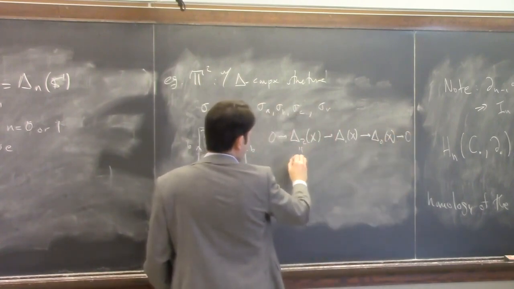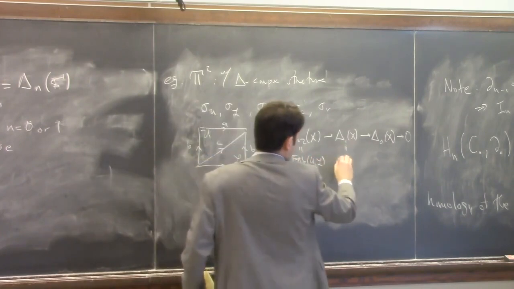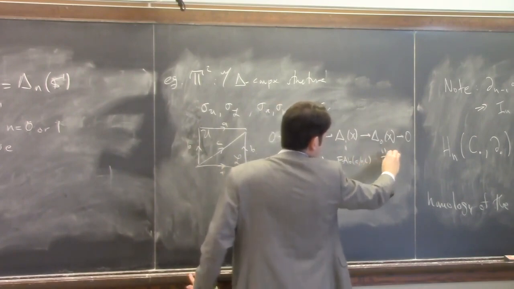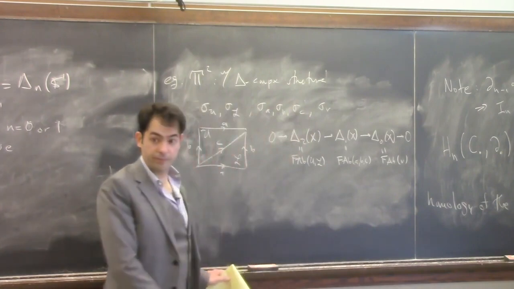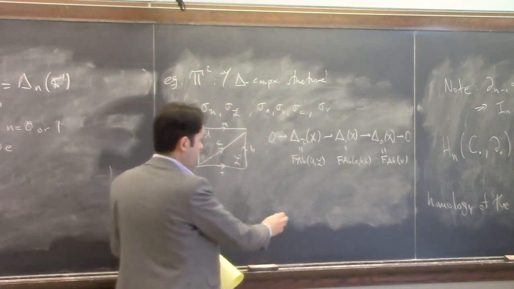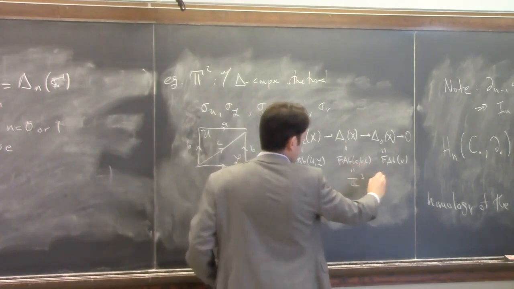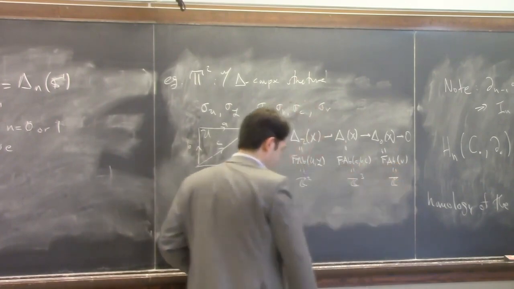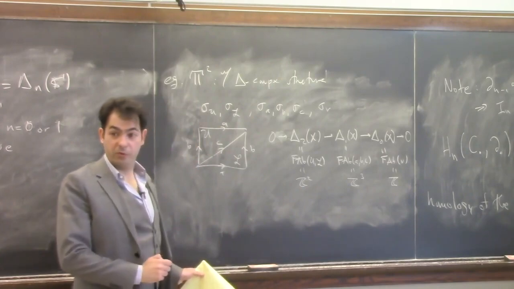This is the free abelian group on U and L. This is the free abelian group on A, B, C. And this is the free abelian group on V. So this looks like C2, this looks like C1, this looks like C0. And now we want to look at what the boundary maps are.